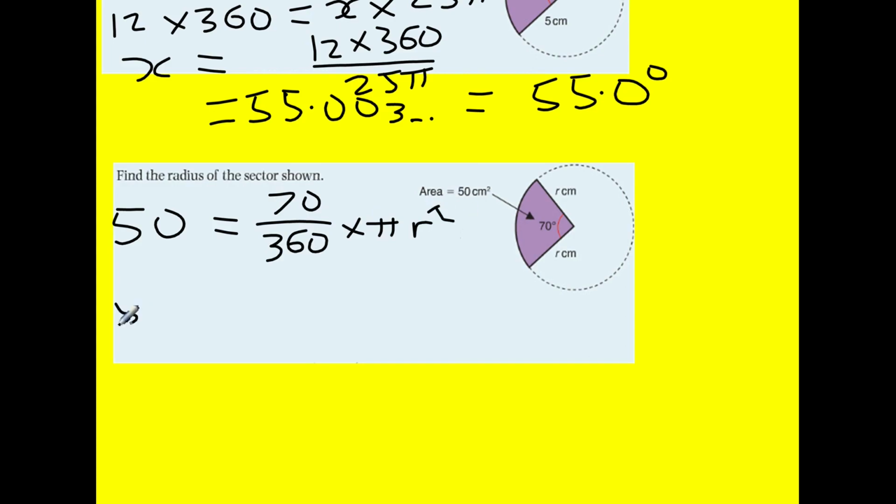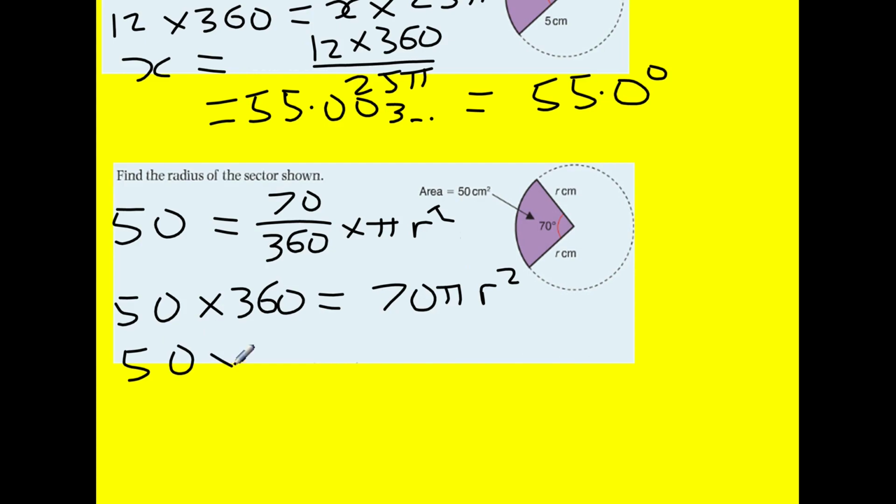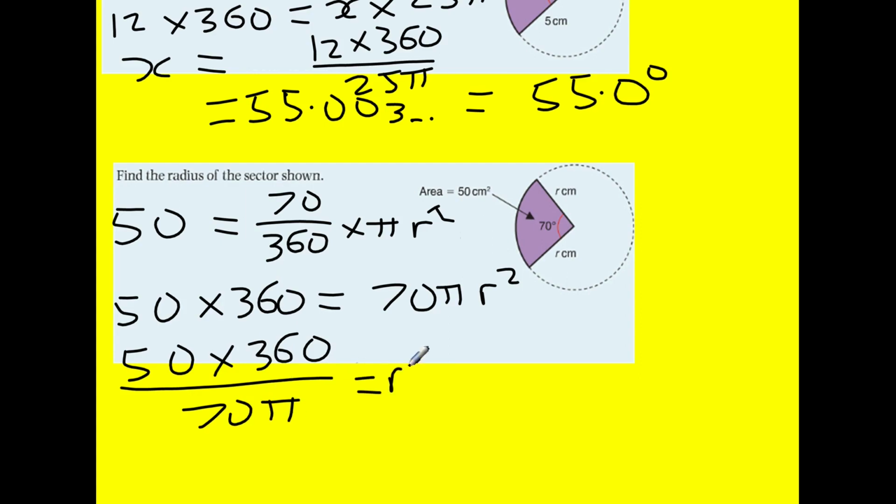Same thing, multiply by 360. This time it's going to equal 70 pi r squared. Divide by 70 pi. 50 times 360 divided by 70 pi equals r squared.